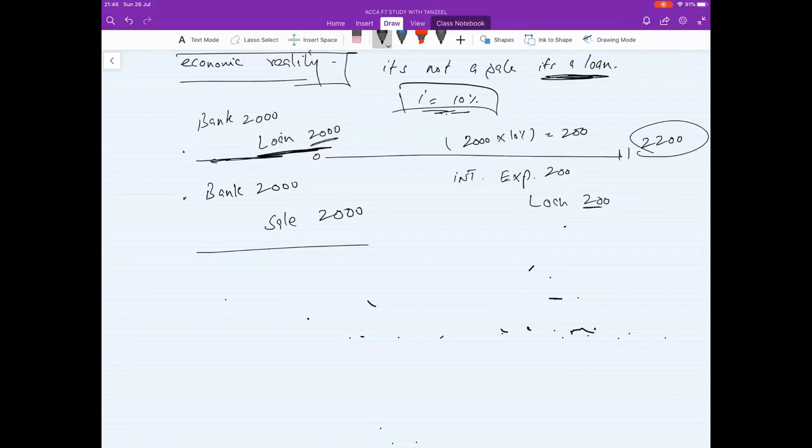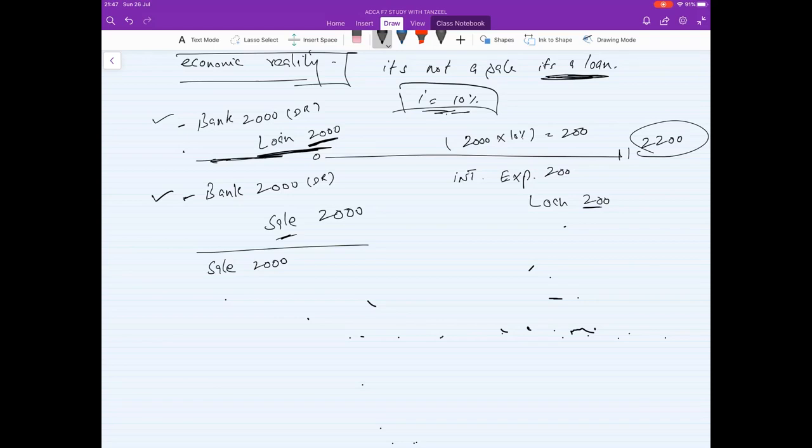So if you have a look, bank is debited correctly, it is debit here, it is debit here. So there should not be an effect on bank. Loan should be credited, but we mistakenly credited sales. Now we will reverse this. Sales, we will reverse the sale. It is credited here, debit the sale of 2000, and we should consider this as a loan, which we did not.